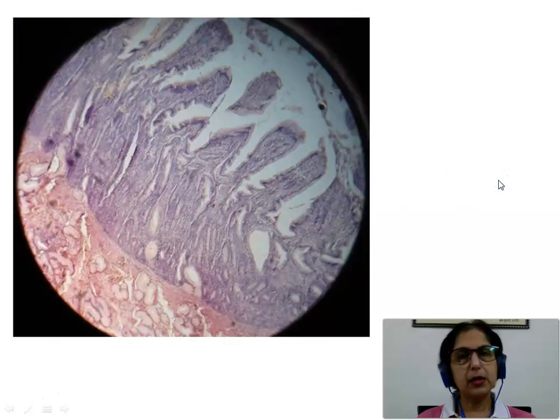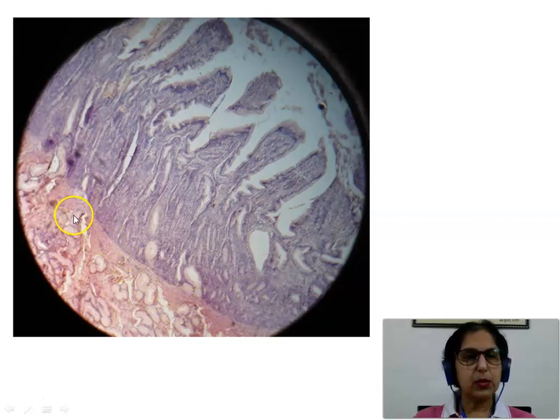Another low power view shows the characteristic tongue-shaped villi, crypts of Lieberkühn, muscularis mucosae, and submucosa filled with mucus acini, the Brunner's glands. So two characteristic features for identifying a slide of duodenum: tongue-shaped villi and Brunner's glands in the submucosa.